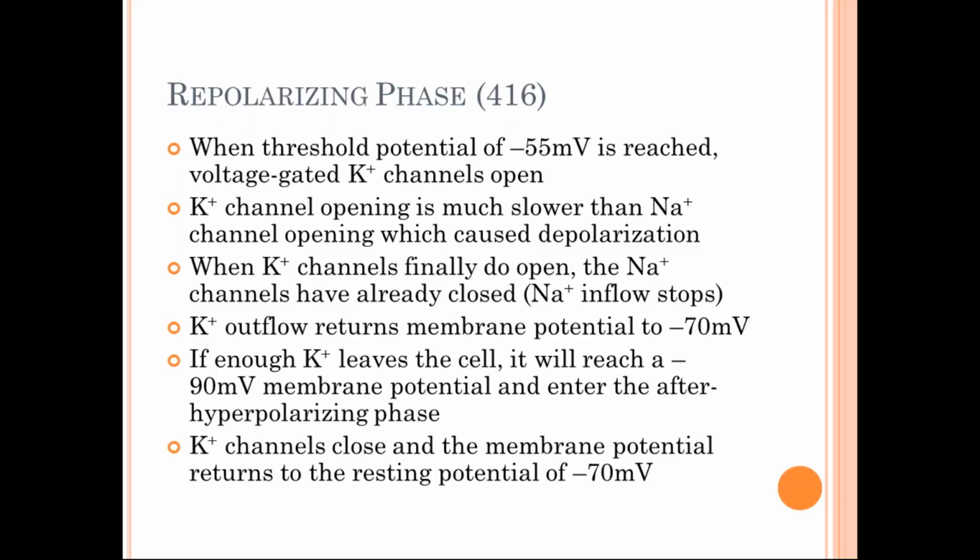So potassium outflow starts and it's going to return the membrane potential back to resting at minus 70. However, a lot of the time more potassium goes out, it goes to about minus 90, and then between the sodium potassium pump and everything else, everything eventually goes back to that minus 70.